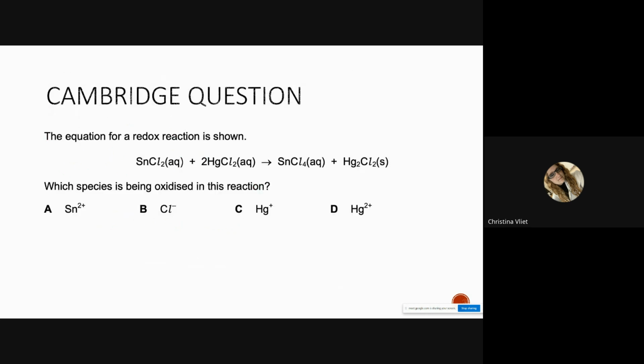So here's question 1. They give you some redox reaction here. And they ask you, what is being oxidized?